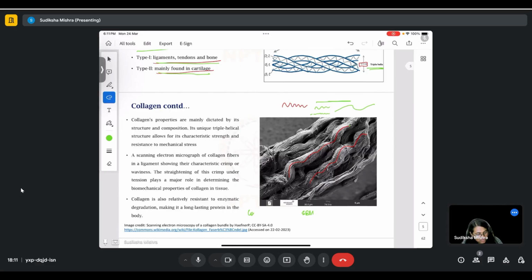These enzymes are known as collagenases. Any "-ase" means an enzyme that is responsible for breakdown of something, and collagen is the protein it's acting on. Okay.